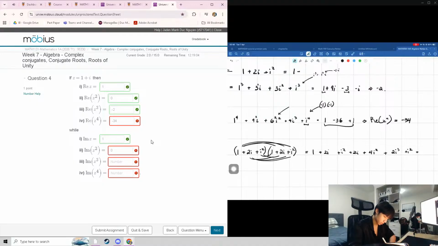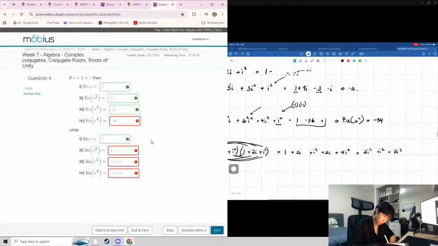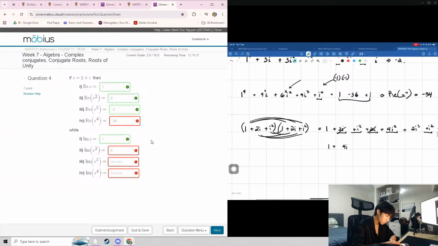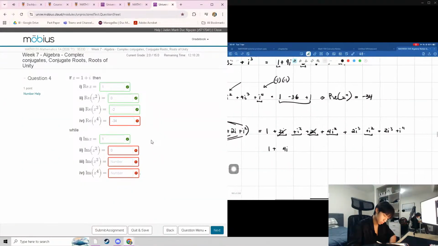Where was I? i squared plus 2 i cubed plus i cubed, i to the 4th. 1 plus 4i, plus 4 i cubed, plus 6 i squared, plus i to the 4th, so that's plus 1.